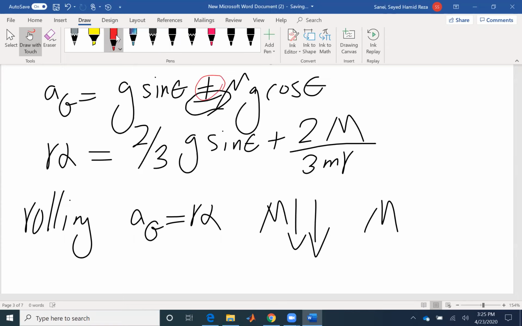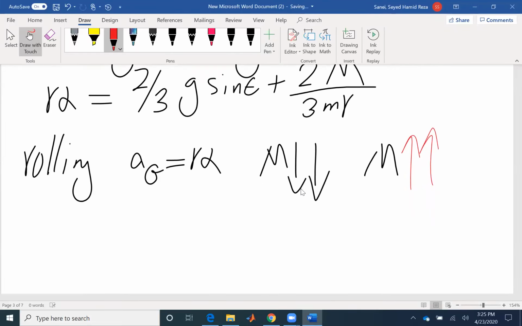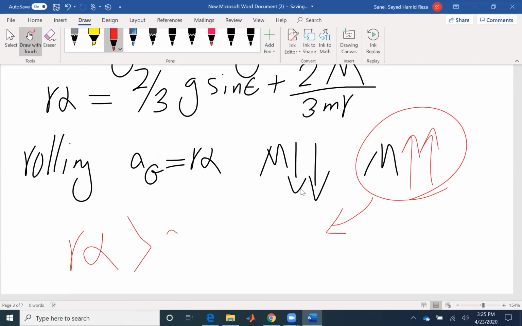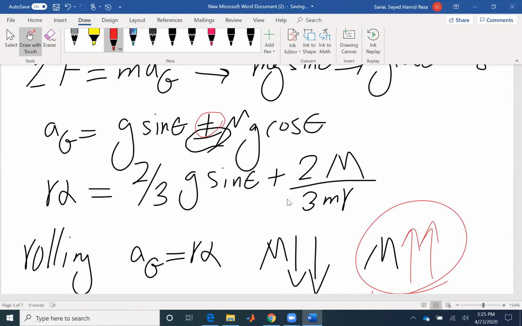But if m is too large, so that even plus mu g cosine theta cannot provide that r alpha, then we are going to have some slipping. That means that if m is too large, r alpha is bigger than our acceleration, which means that we have slipping. And there is no scenario in which we would have sliding.